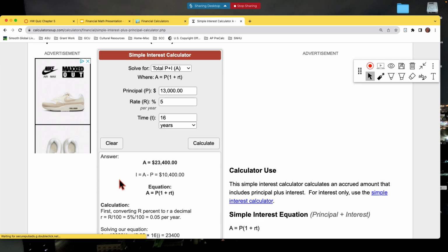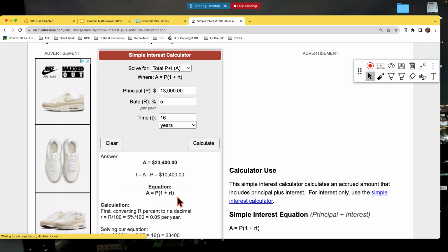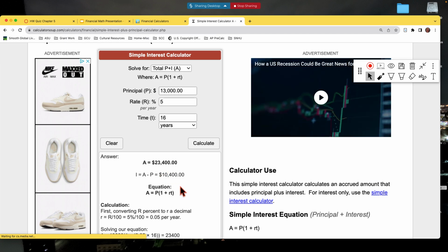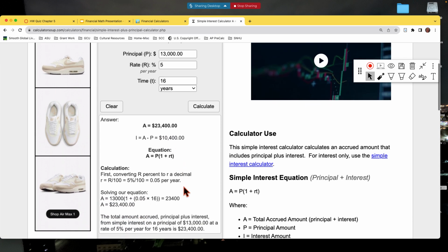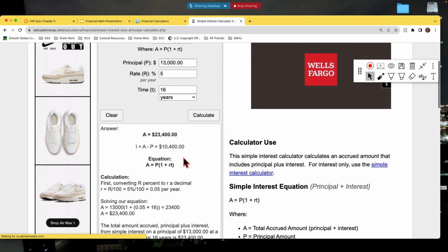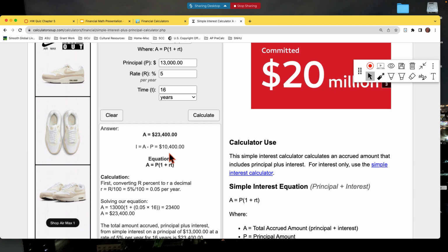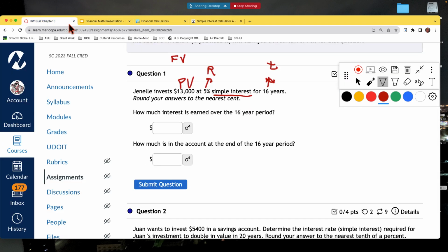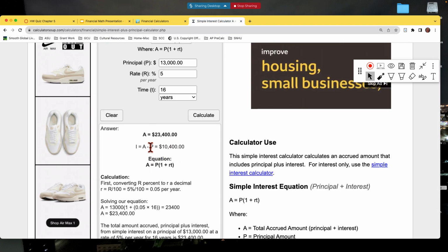So my interest is right here. I've also got the equation if I want to do the math myself, but they even do some of the calculations down here below so you can see what's going on. Interest is 10,400. And then the total is how much is in that account, 23,400.